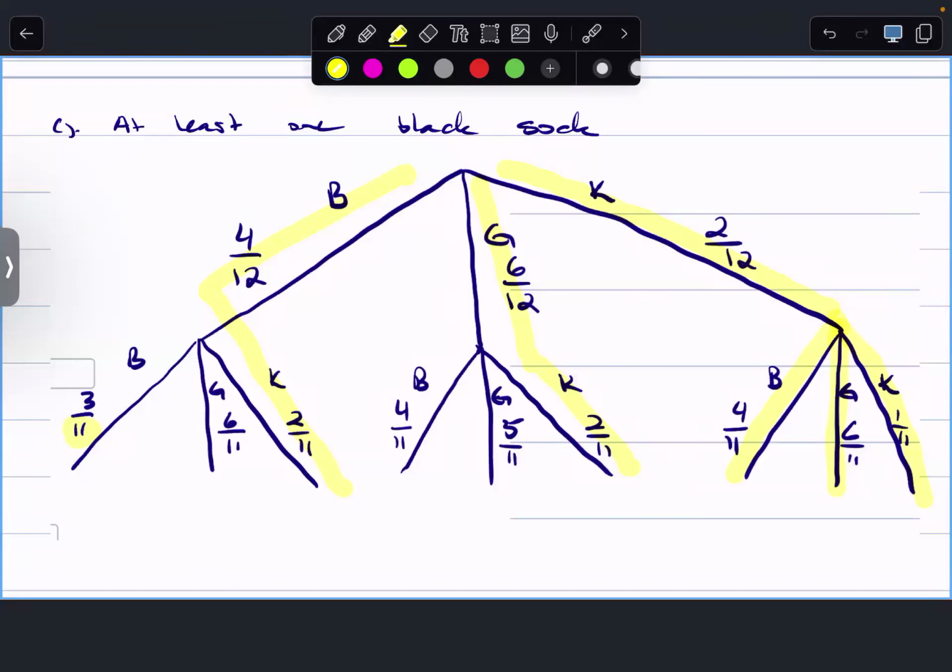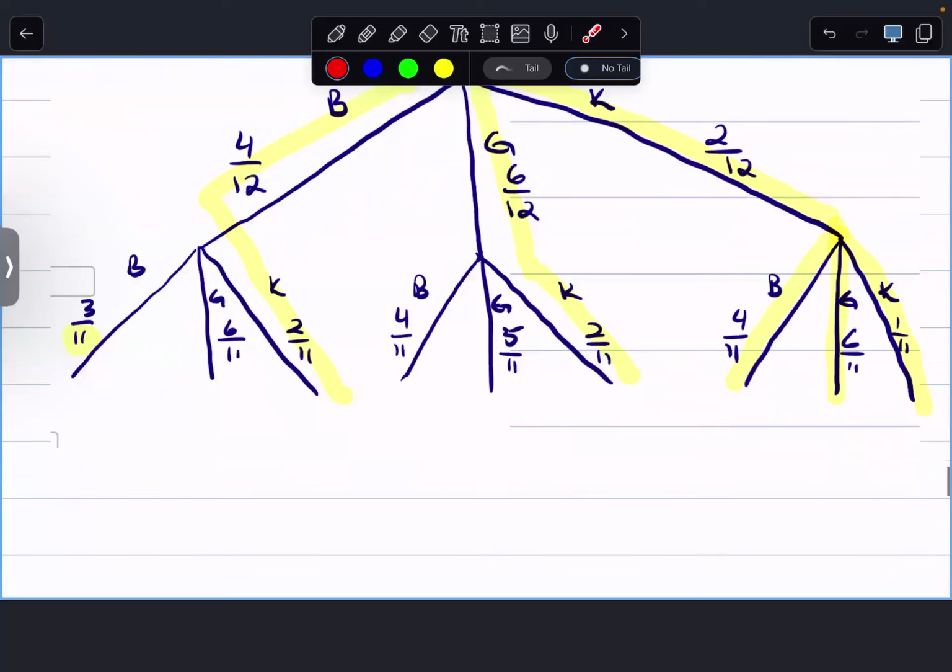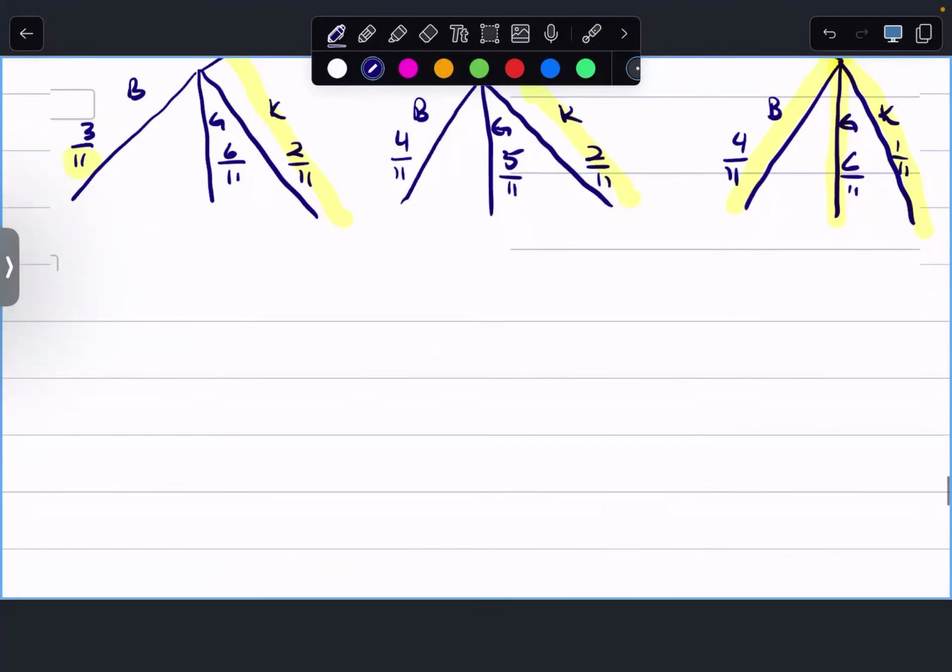In fact, whenever I see at least one, what I usually do is I flip it and I say, oh, I don't want to do at least one because that's 1 or 2, right? What if I just say, well, the total of these probabilities down here has to add to 1, right? So what if I just take away no black socks? You can find the probability of no black socks, right? And so you're going to find that they're the same.